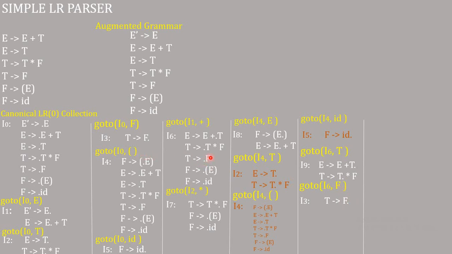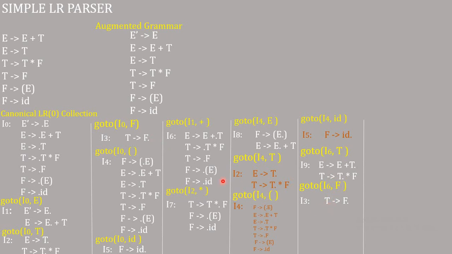So here we have dot followed by F. Only for this rule can we apply the function. So T tends to T star dot F just shifts the dot symbol after F. So it is T tends to T star F dot. It is very similar to I3, so let us have the same name, I3.